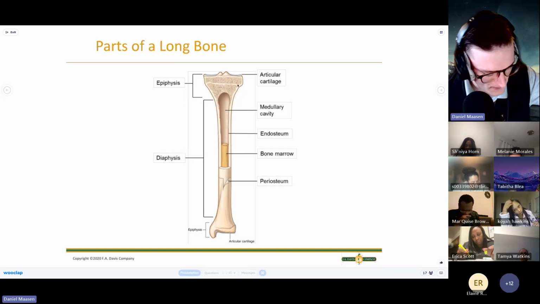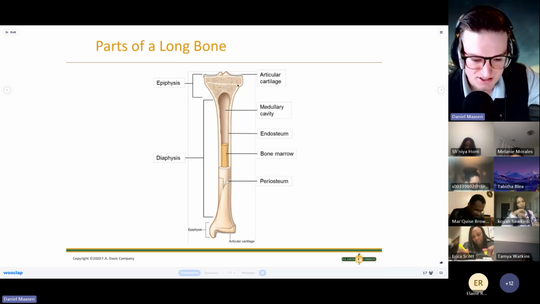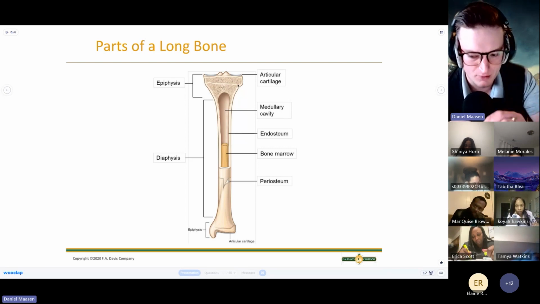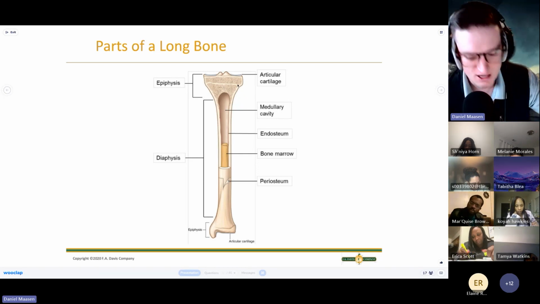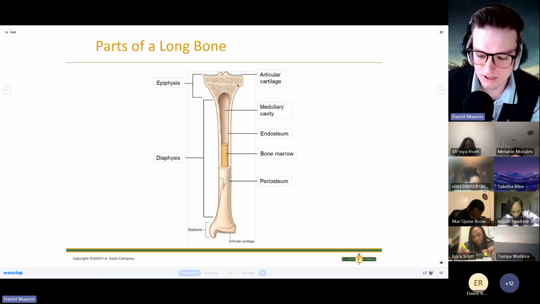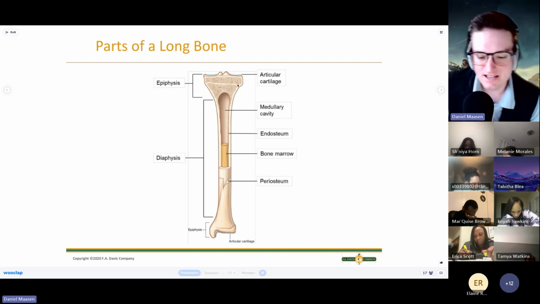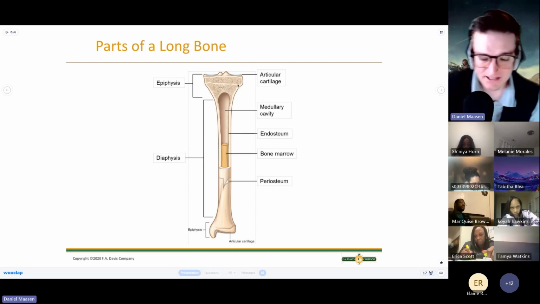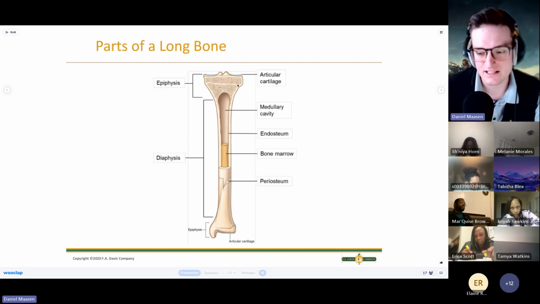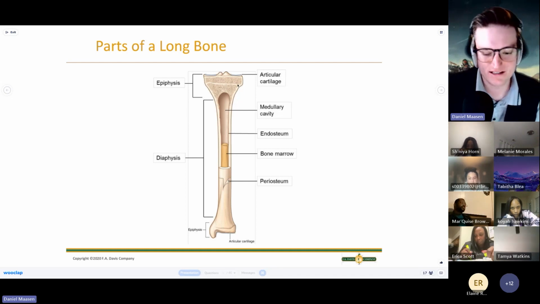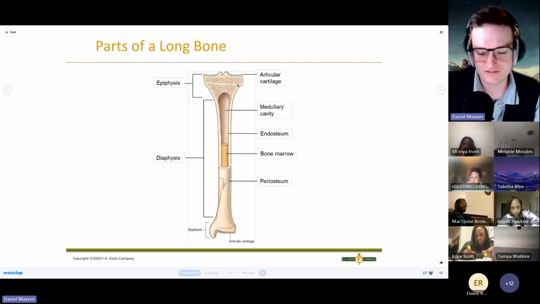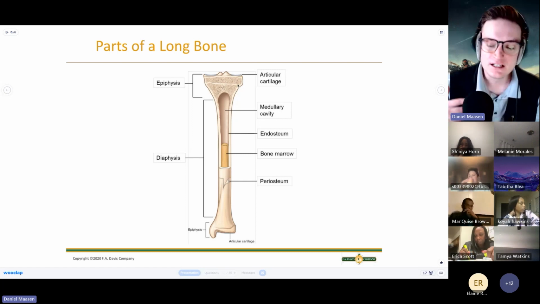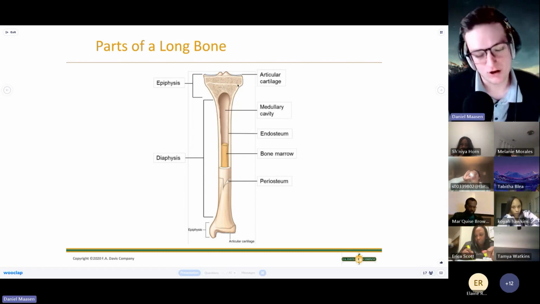The growth plate is basically a layer of cartilage. It's mostly cartilage and not bone cells. Why? This is how we grow, right? This is how the kid in 7th or 8th grade hits puberty, and then in 9th grade he's 6'5" when he was 5'8". That's how we grow.